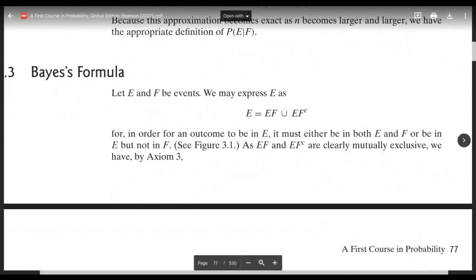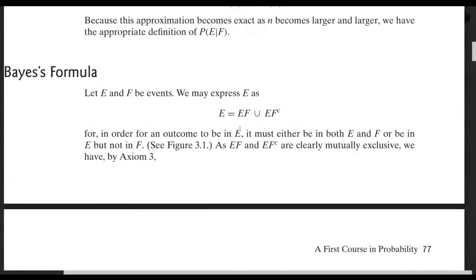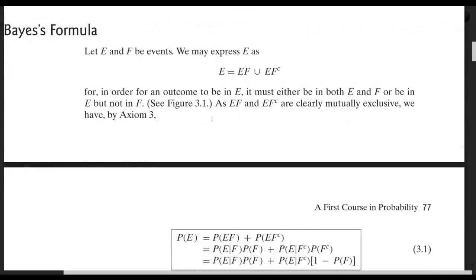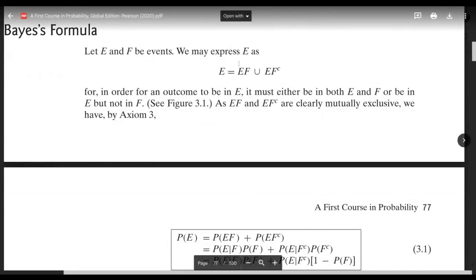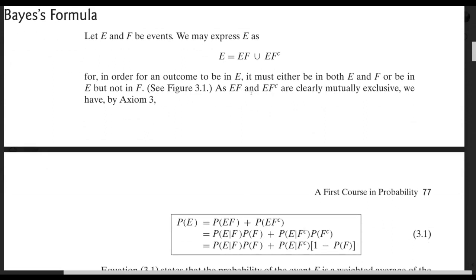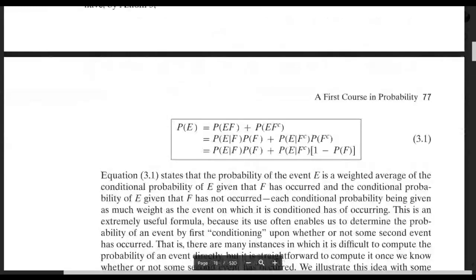We express E as this. E can be written as the intersection of E and F, union the intersection of E and the complement of F, of course, right? In order for an outcome to be in E, it must be either in both E and F, or in E and the complement of F. Because the intersection of E and F and the intersection of E and the complement of F are mutually exclusive, because F and its complement are mutually exclusive.